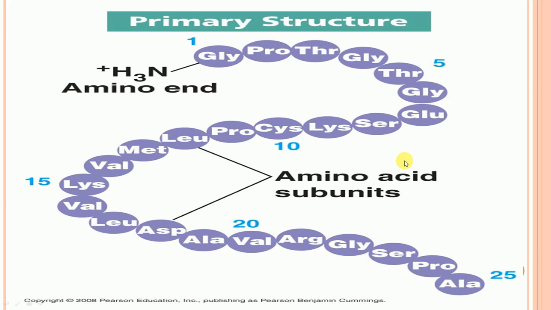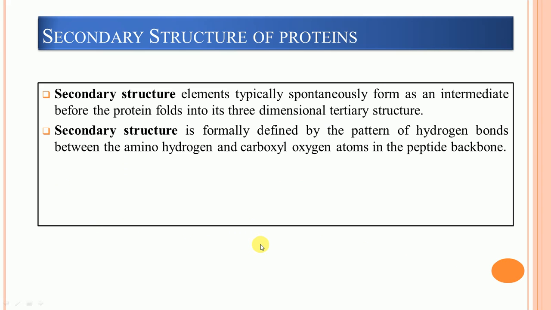Aspartic acid, alanine, valine, arginine, glycine, proline, and alanine. So there are different types of amino acids which are attached with one another. This is the primary structure from 1 to 5 and then 5 to 10 and so on.